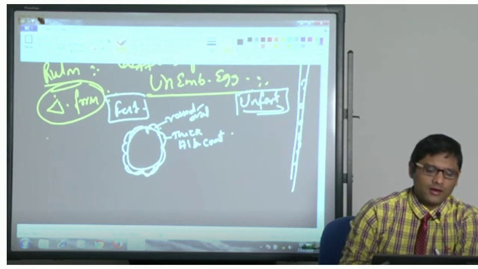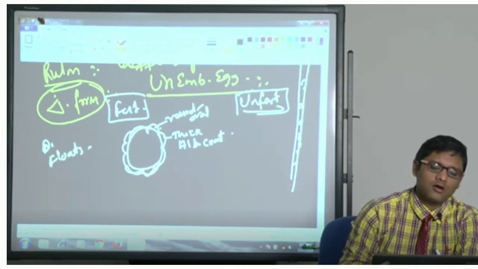And it floats on saturated salt solution.